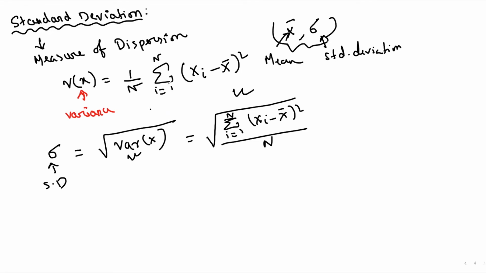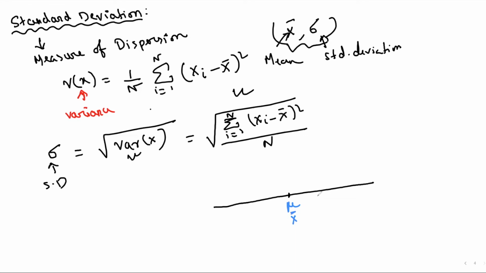So ultimately, what we're doing is we're trying to find out how spread out our data is from the mean. So let's say I draw a line, and let's say this is the mean. Let's say we denote it with mu or x bar, whichever you feel comfortable with.